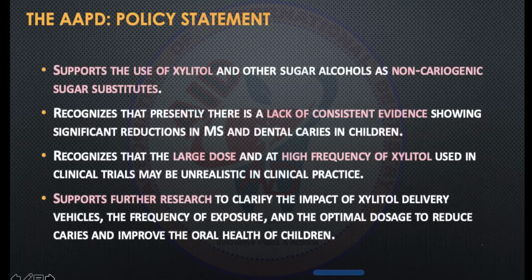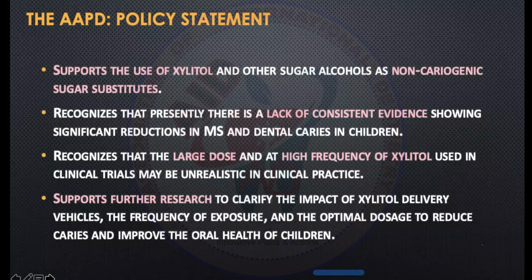And then we have an AAPD policy regarding xylitol. Xylitol chewing gums are used worldwide as an alternative sugar, or maybe in a caries management plan. But there are mixed kinds of studies, because many studies say that you need larger doses, and you need xylitol very frequently to be effective, and this cannot be used for very young children.